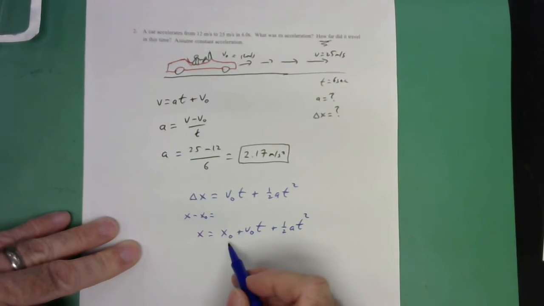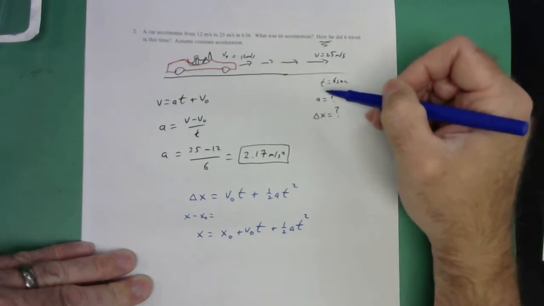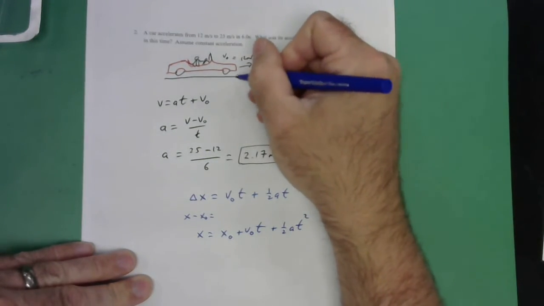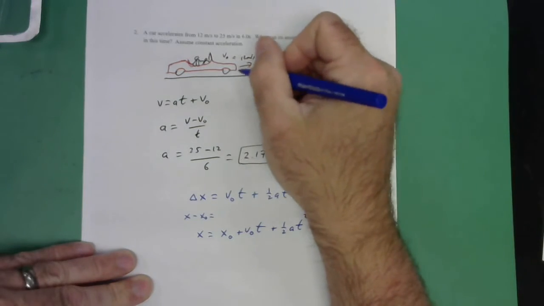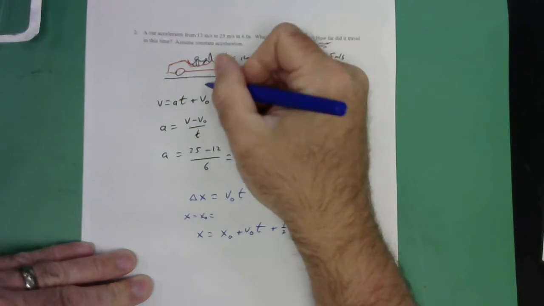What this points out is that once I do something like this, I have to decide when I drop my coordinate axis where I'm calling position 0. Most of the time, we'll just pick the starting position here, where he's going at 12 meters per second, and we'll say, hey, where the car is at that time, that's position 0.